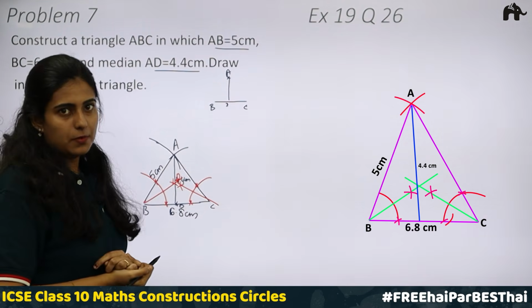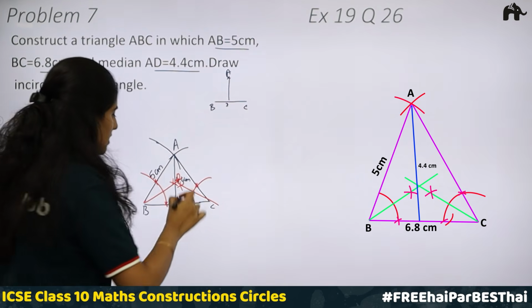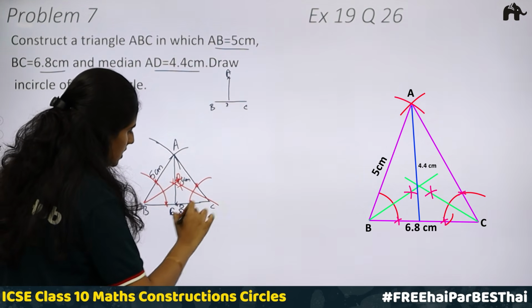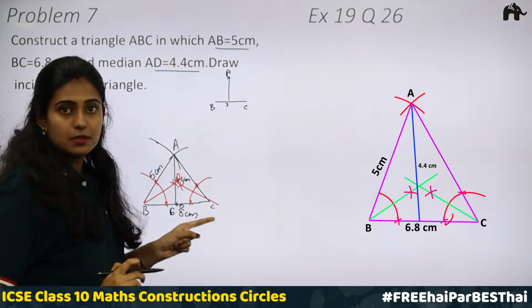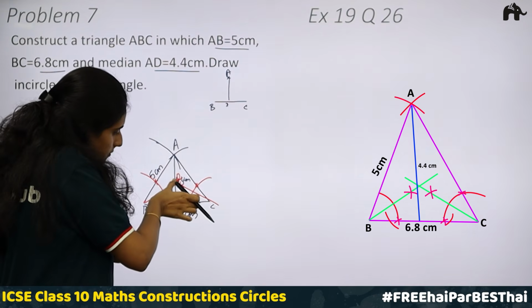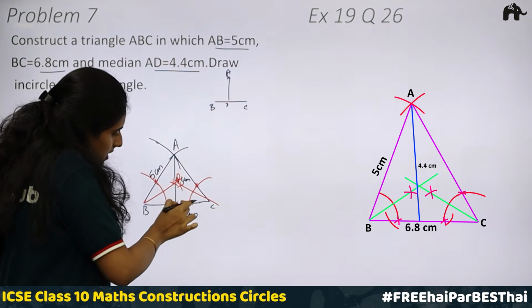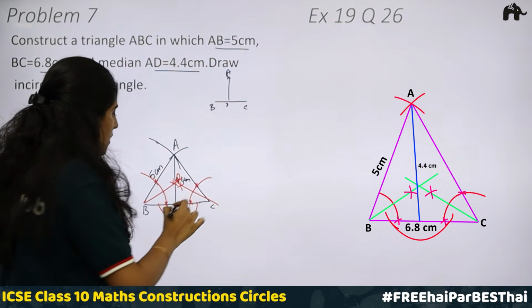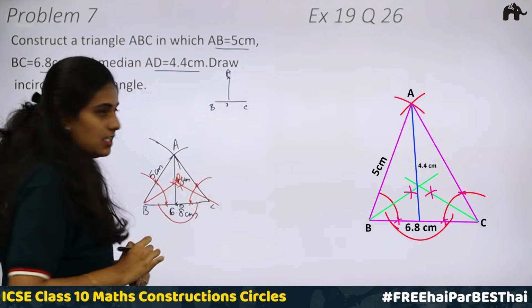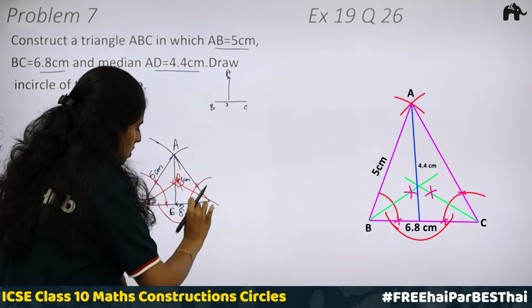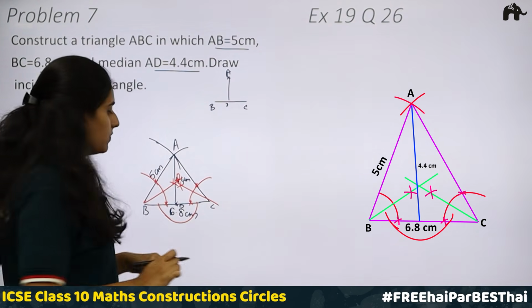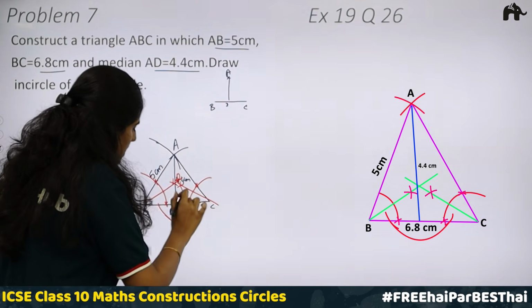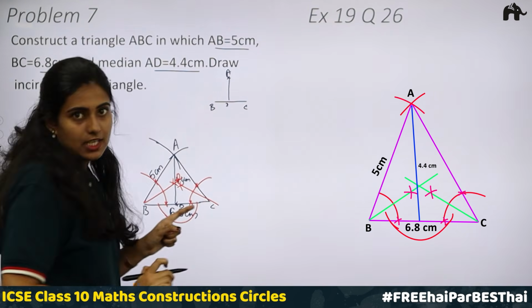How to draw a perpendicular now? Consider an arc to this side BC. From O as center, we'll be drawing an arc. From these 2 points, now we'll be having the total angle 180 degree. From these 2 points, we are going to cut 2 other arcs.